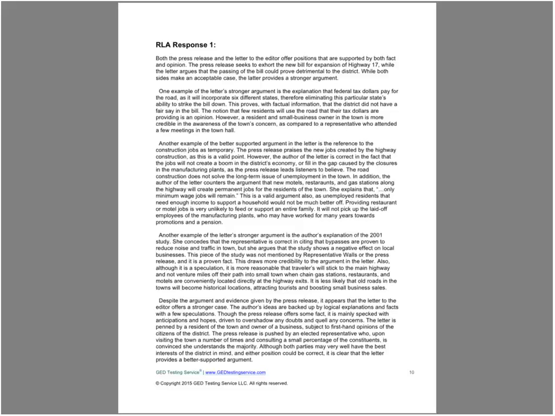Now, we all know that when we are scoring any type of constructed response, and there are 3 traits, we need to read the whole writing 3 different times, each time focusing on one of the traits.